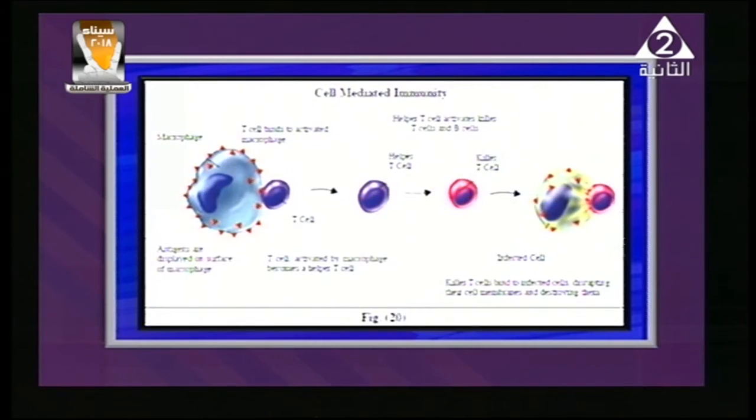And we have here a picture to clarify what we said right now. After destroying the antigen, the lymphokines suppress or inhibit the immune response or stop it, and many of the T helper cells that activate the T cytotoxic cells are destroyed.